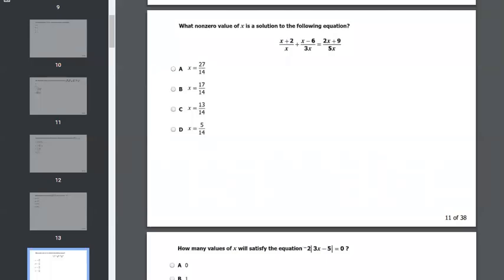Okay, let's do question number 11. It says, what non-zero value of x is a solution to the following equation? So let's go ahead and write it down first.